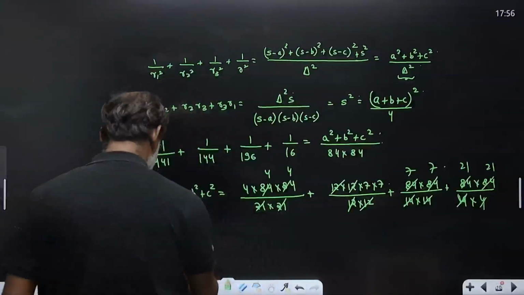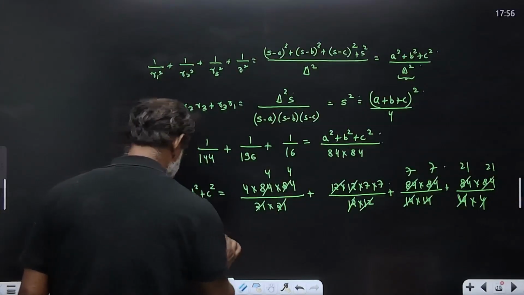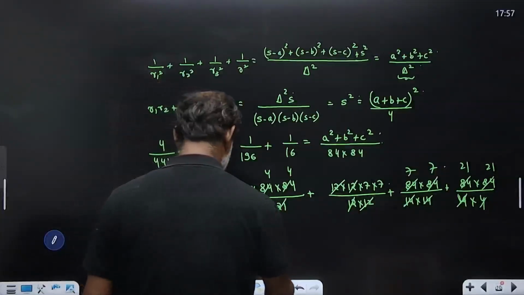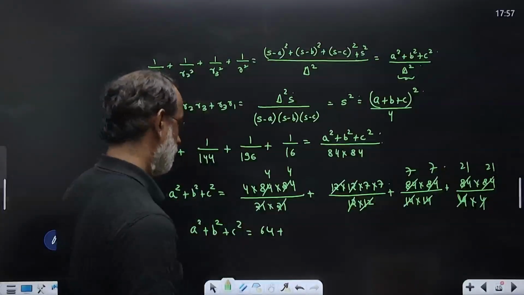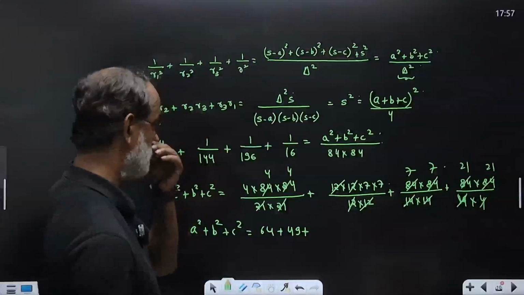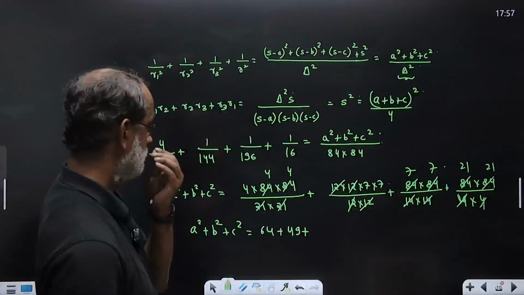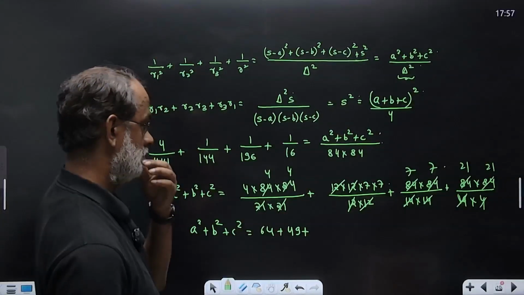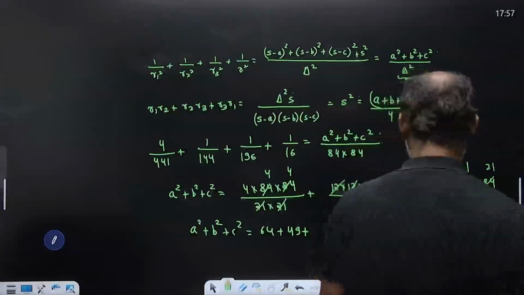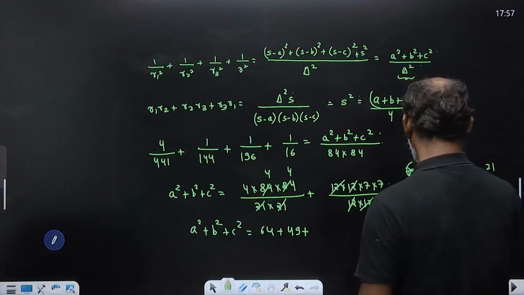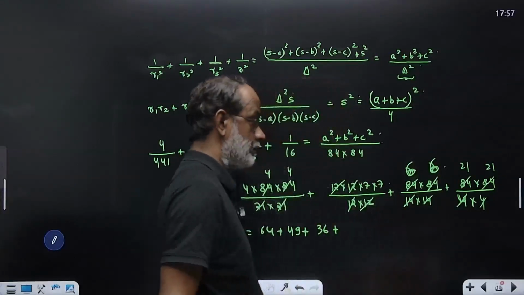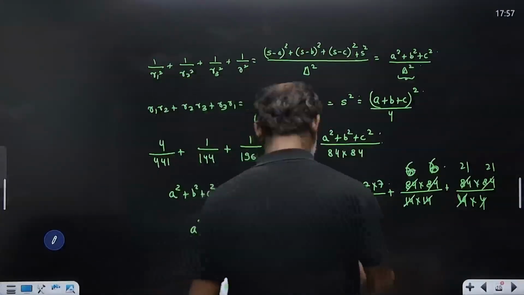So a square plus b square plus c square is 64 plus 49 plus 14 into 6, sorry, 36 plus 441.